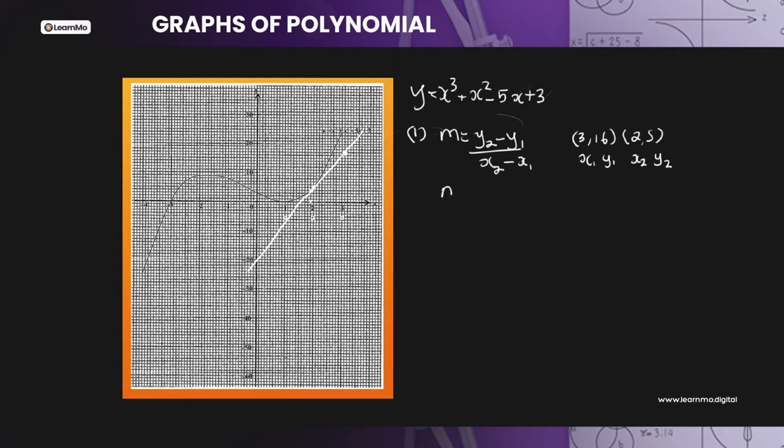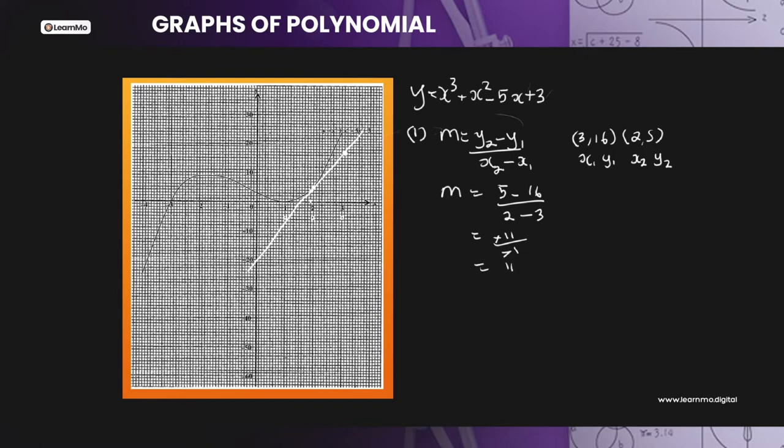So gradient is equal to our y2 here, which is 5, minus our y1, which is 16, over our x2, which is 2, minus x1, which is 3. From there, we'll get negative 11 over negative 1. When you have two negatives like that, they give you a positive. So it's 11 over 1, which will be 11.